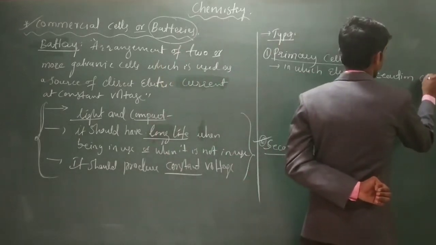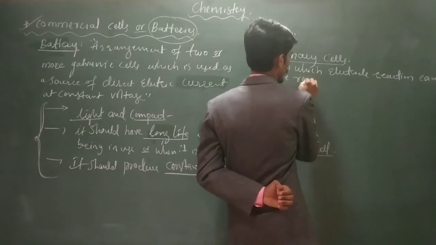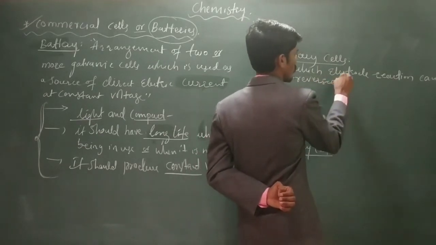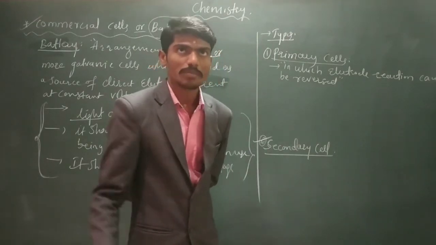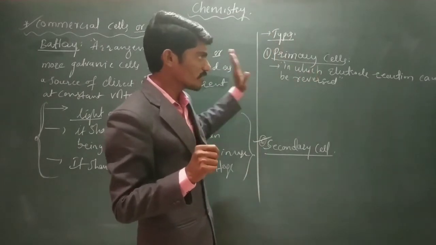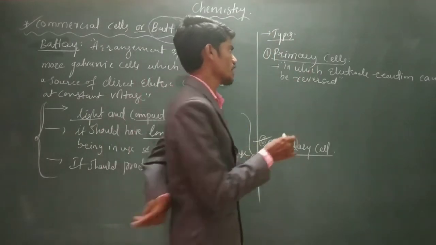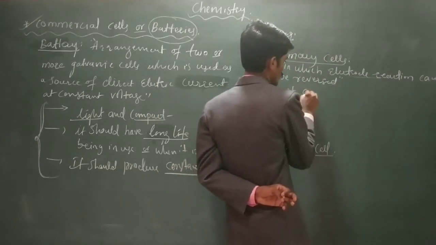The electrode reaction cannot be reversed by using an external source of current. करंट सप्लाई किया तो इलेक्ट्रोड रिएक्शन रिवर्स नहीं होते हैं. By using the external source we cannot reverse the electrode reaction, therefore these are not chargeable.